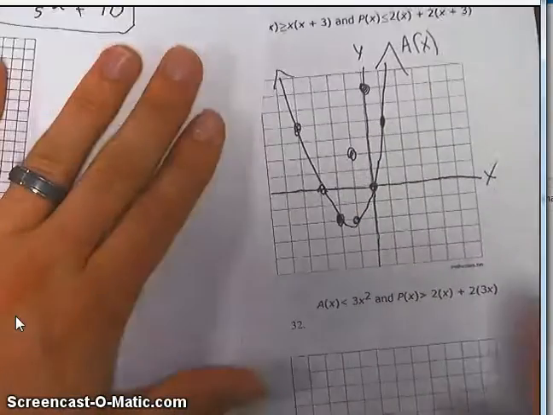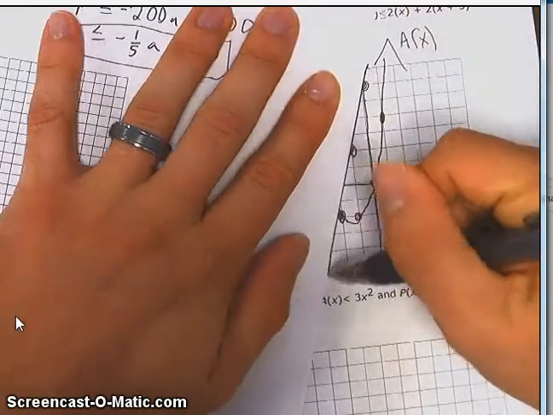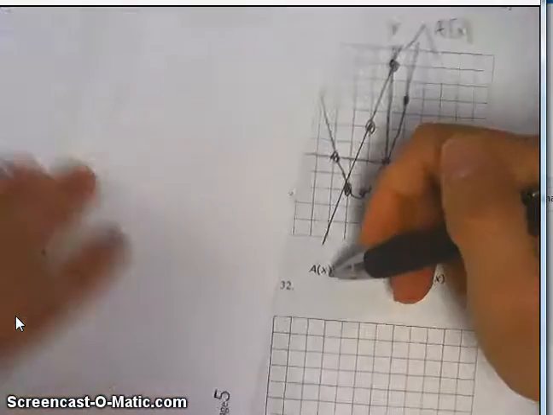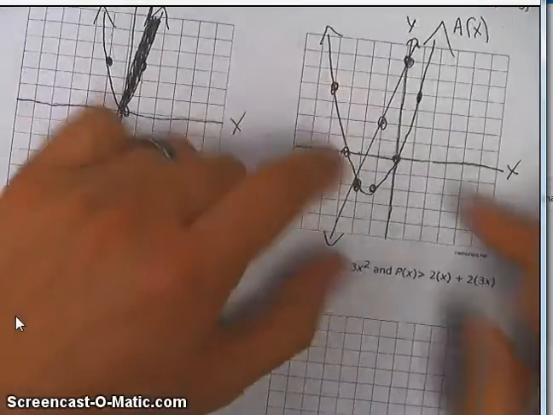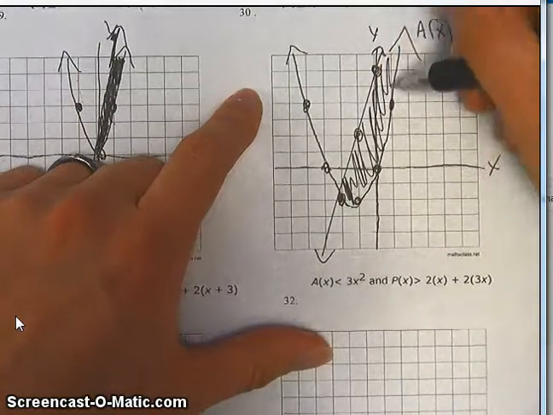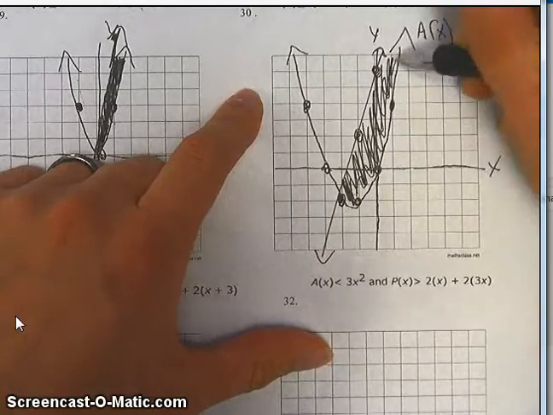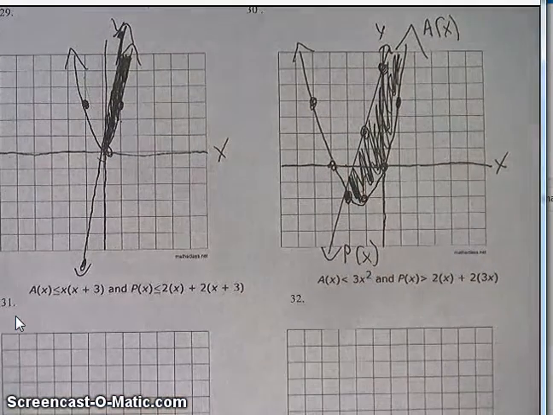It's going to be a solid line that is shaded below. So if I shade above the parabola but below the line, this is the solution space. It's very similar to the last one. And label your line as P of X, sorry.